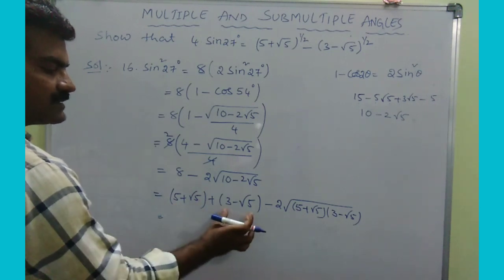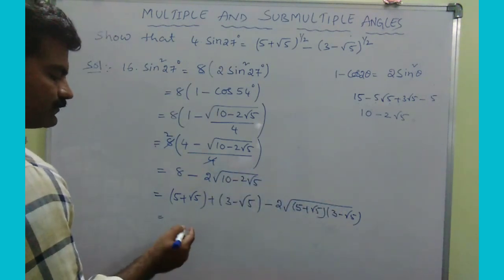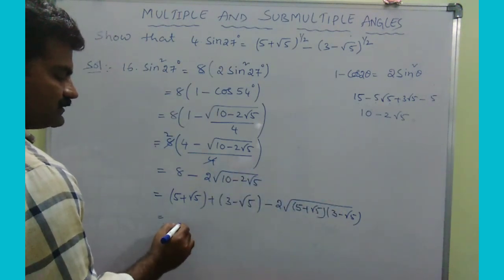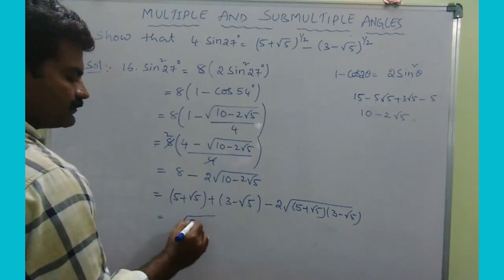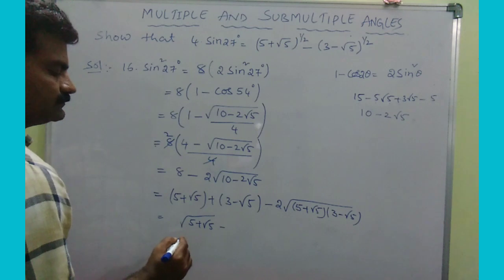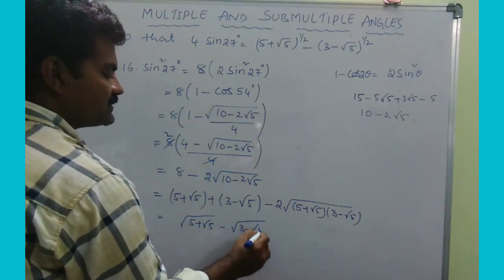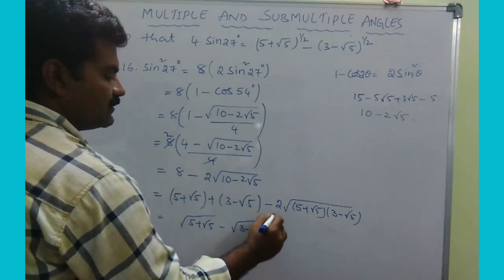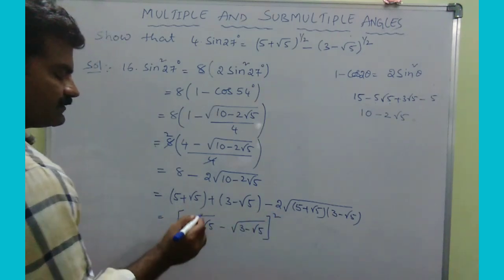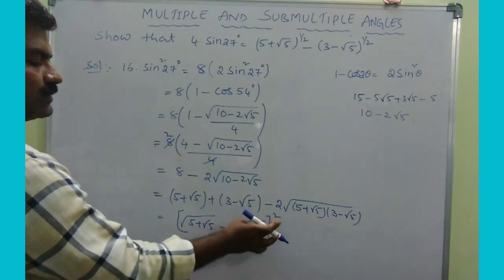Finally, can I say it is like a square plus b square minus 2ab. So this is root of 5 plus root 5 minus root of 3 minus root 5, entirely whole square, isn't it? See, a minus b whole square.